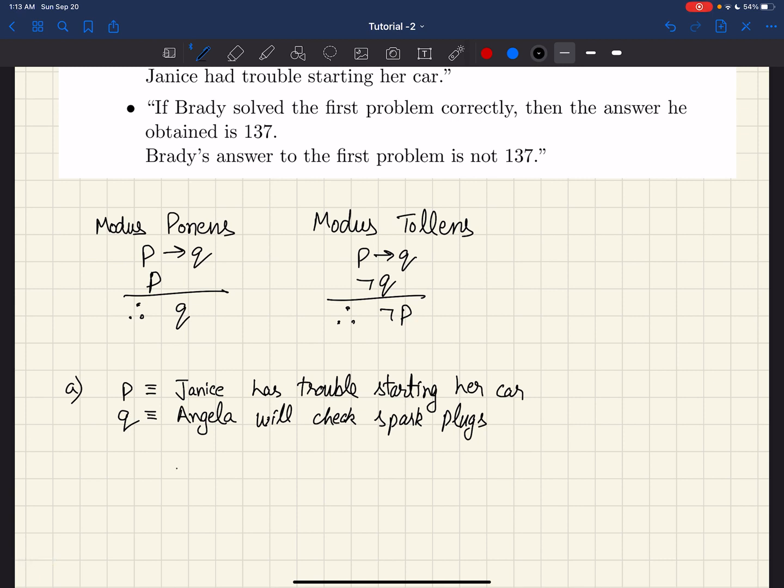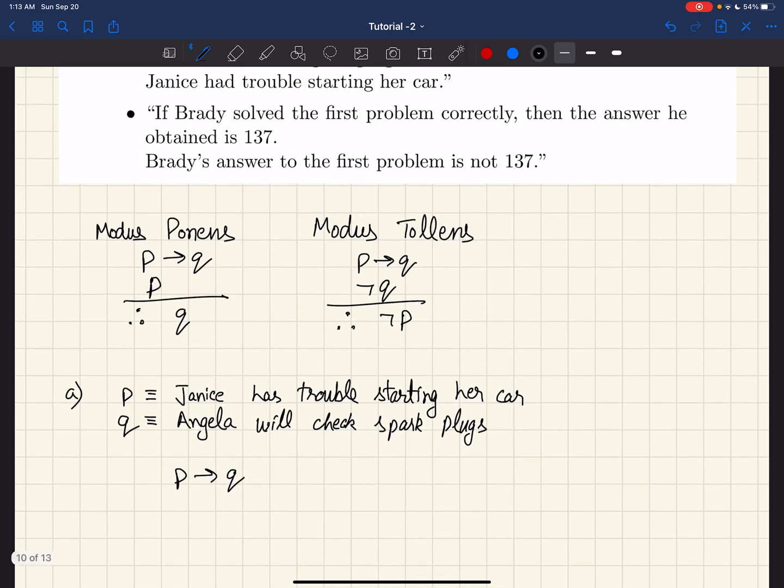So we know that P implies Q here, because if Janice has trouble starting her car, then Angela will check spark plugs. And we also know that Janice has trouble starting her car. So the outcome would be Q using modus ponens here.